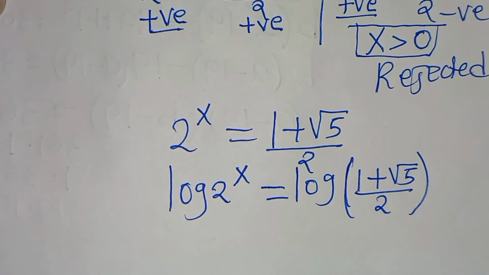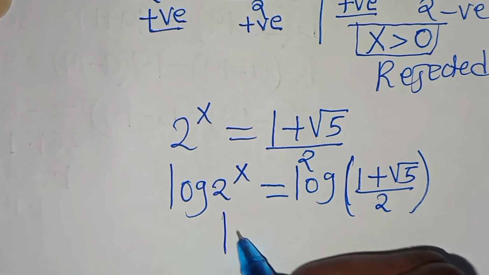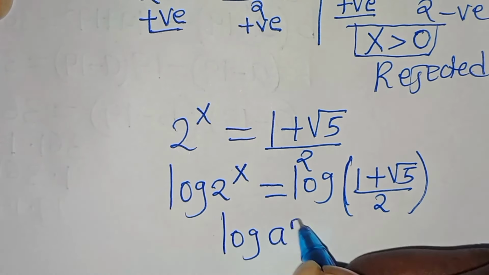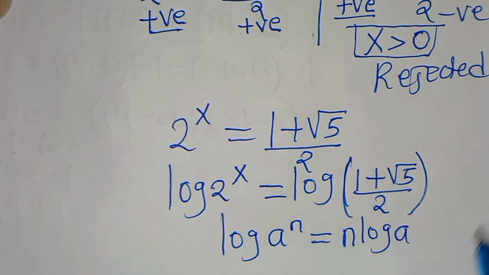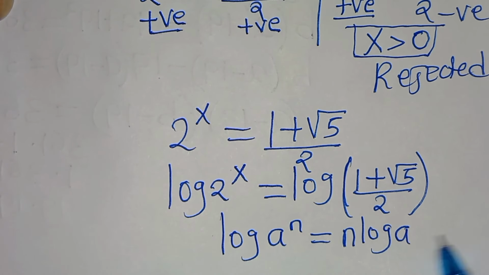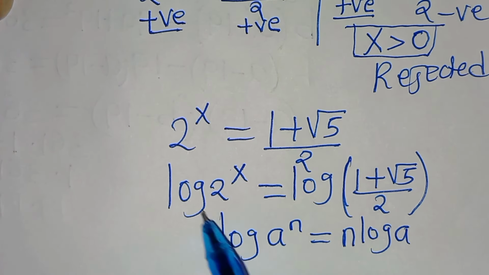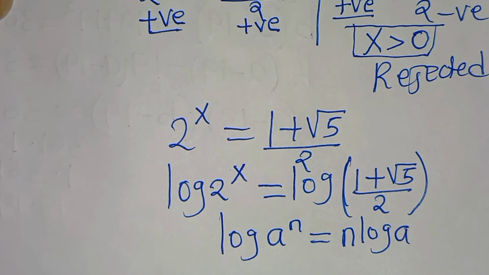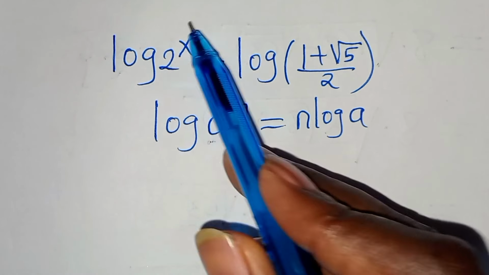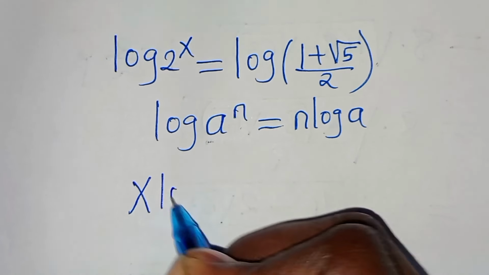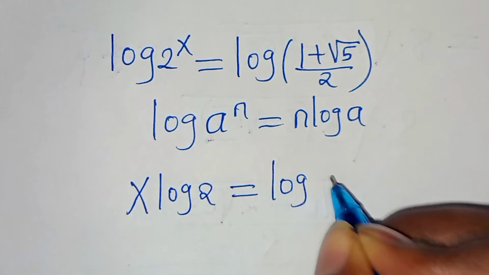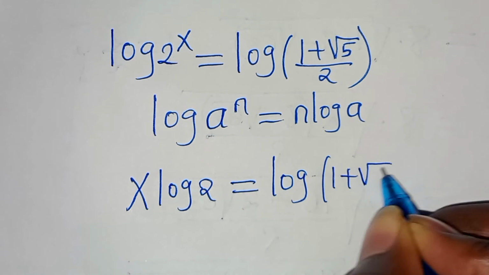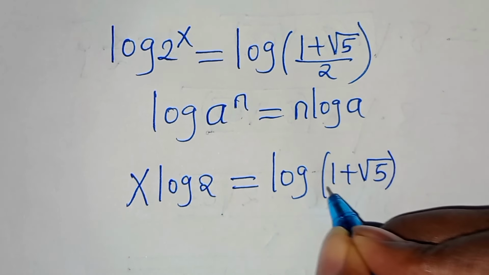And you find that log 2 to the power of x is in the form of log a to the power of n, which you can express as n log a. Now, applying the power rule property of logarithm, log 2 to the power of x becomes x log 2, equal to log of (1 plus square root of 5) divided by 2.